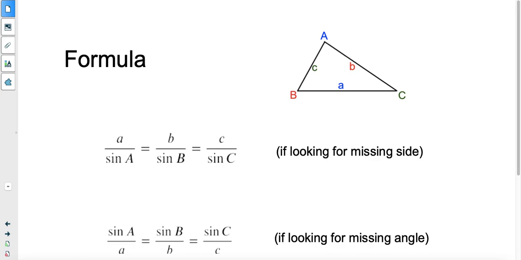Now, we label the angles in this triangle using a capital letter. So capital A here represents this angle. Capital B represents this angle. And capital C represents this angle.